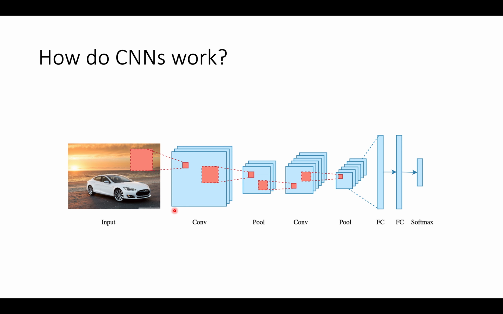Okay, so we discussed convolution and pooling, and we said we repeat them one after the other. And now we arrive at the fully connected layer. After the convolution plus pooling layers, we add a couple of fully connected layers to wrap up the CNN architecture. And this is the same fully connected artificial neural network architecture that we saw before.